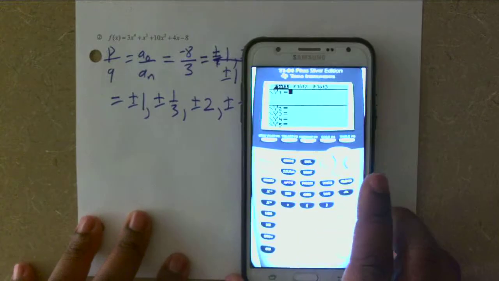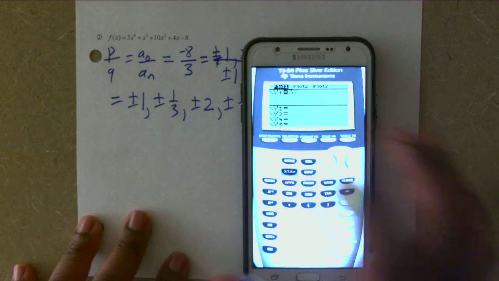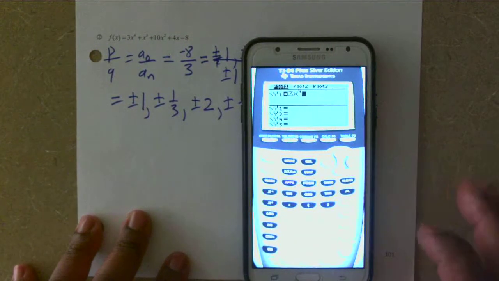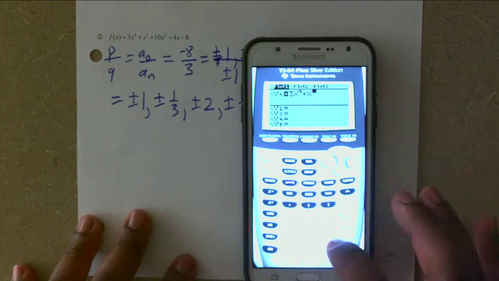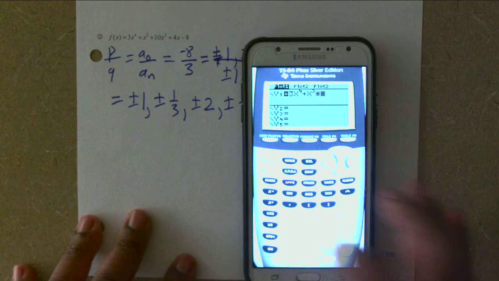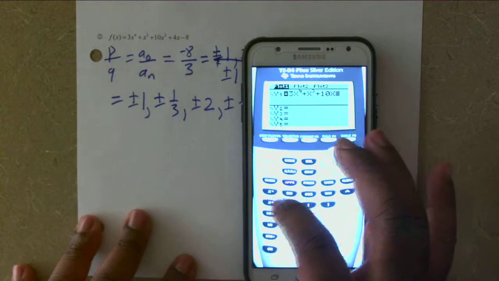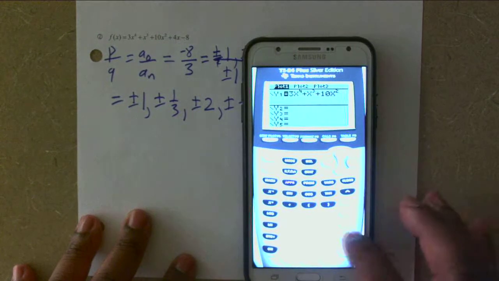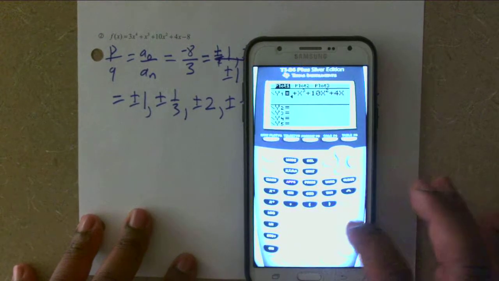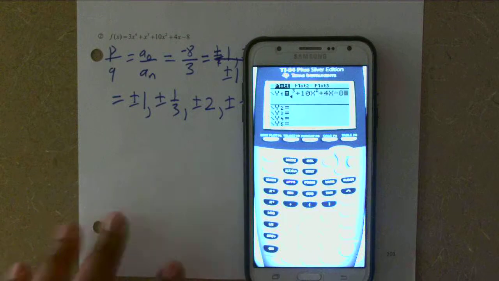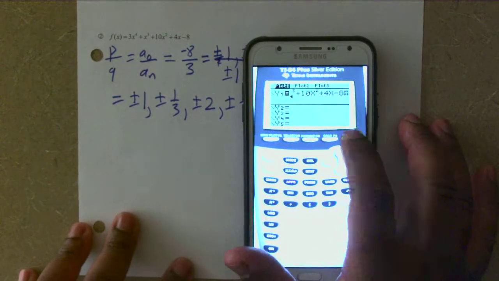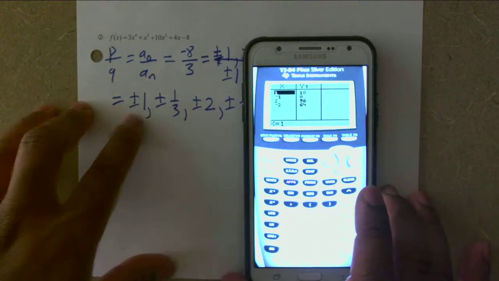It'll be 3x to the 4th plus x cubed plus 10x squared plus 4x minus 8. Now, since we already have our calculator set where it acts as the independent variable, we could just go to second and graph, and then we could start typing in these numbers.